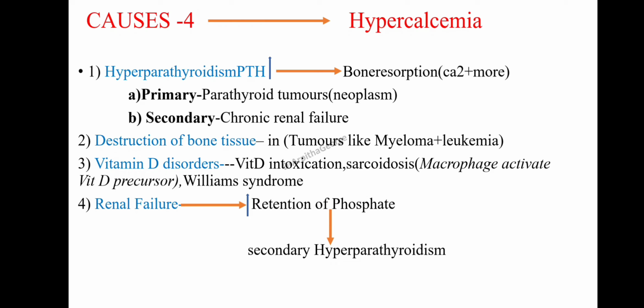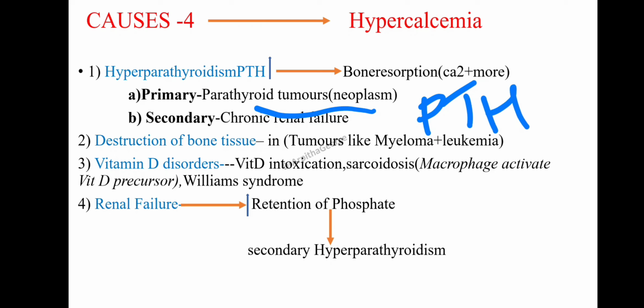So what are the causes for hypercalcemia? Hypercalcemia means the calcium level will be more. So either due to parathyroid hormone. Before that, I will say which things control the calcium level in our body. One is parathyroid hormone, PTH, which controls the calcium in our body.